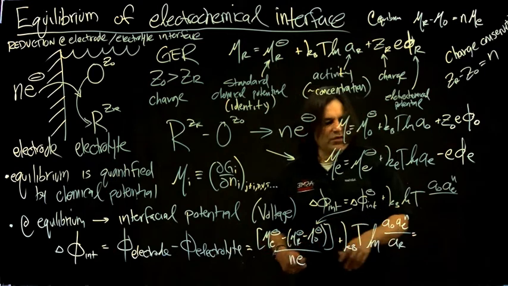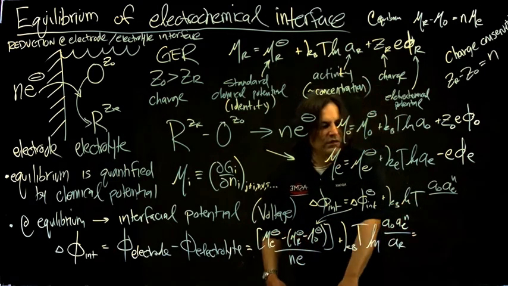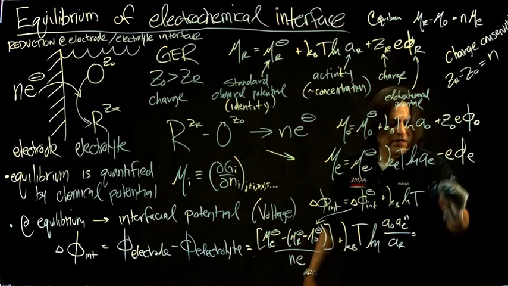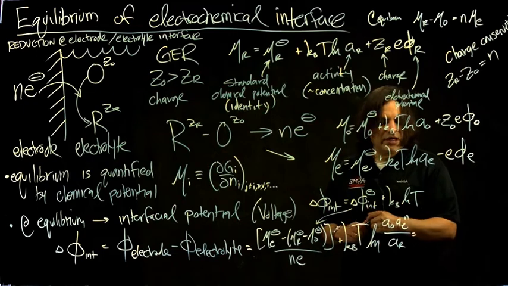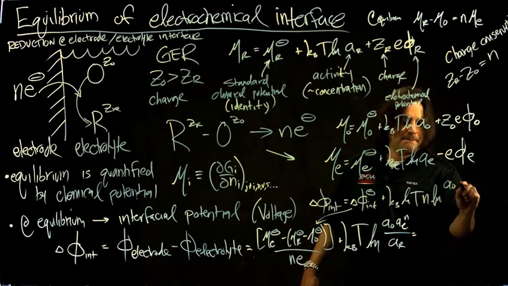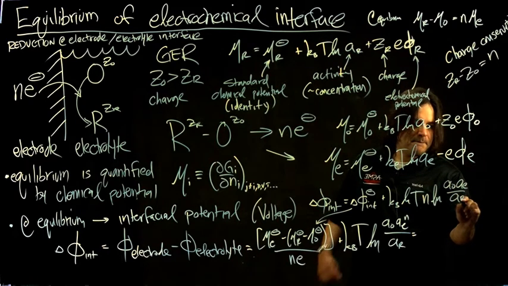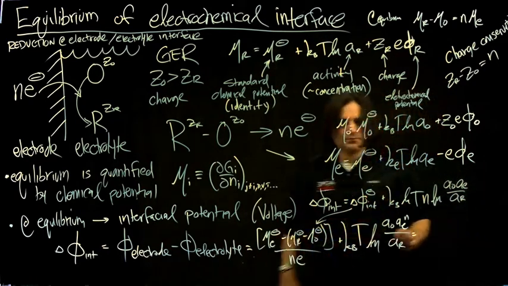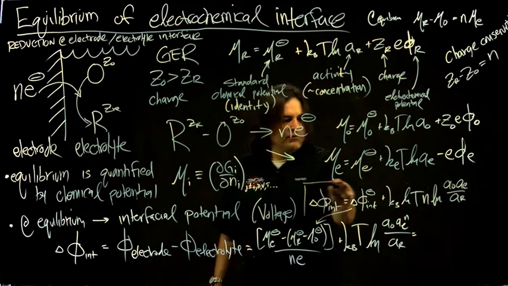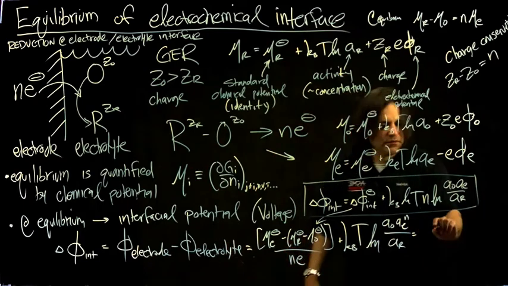You could do another math trick. You can bring this n outside of the natural log by multiplying it. That's a standard algebra conversion from inside the natural log to the outside. This will be n. So that's the equilibrium voltage. This is Nernst's equation.